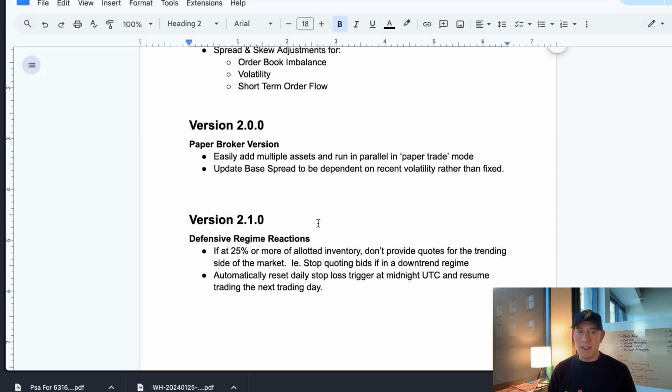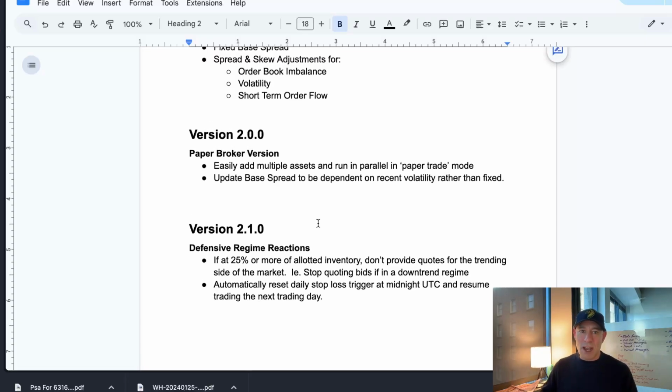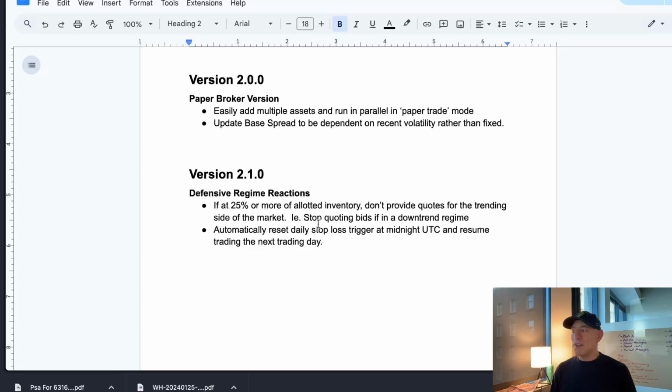But I'm going to run these 3 strategies side by side simultaneously, just to see if this regime detection and really cutting back on the inventory, as far as placing new bids goes, has any sort of significant impact.